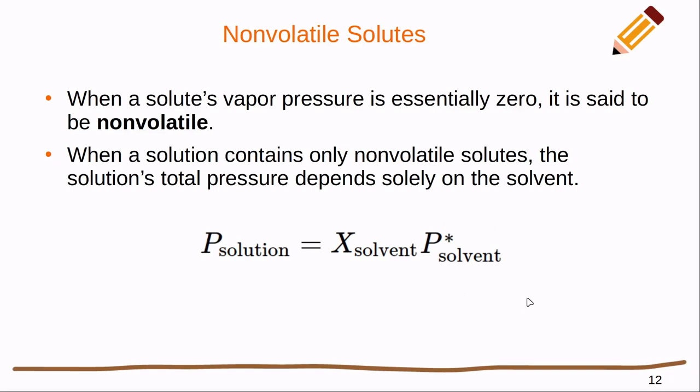In a lot of ways this is pretty intuitive. If I just had the solvent all by itself, it would have this partial pressure. I put it into a solution. What I need to do now is figure out how much of that solution, as a decimal value, is still the solvent, and that will give me the partial pressure of the solution.